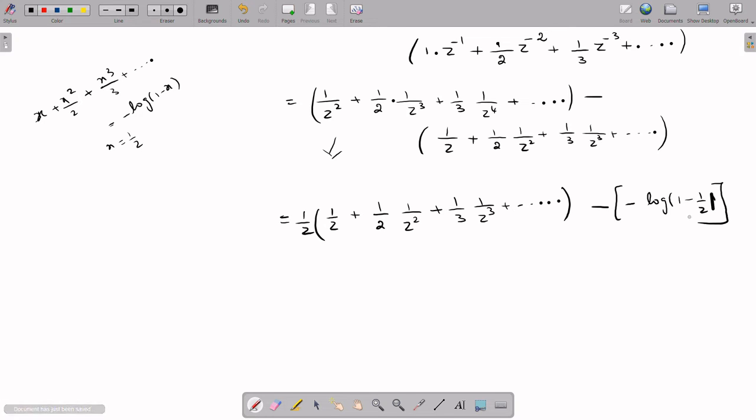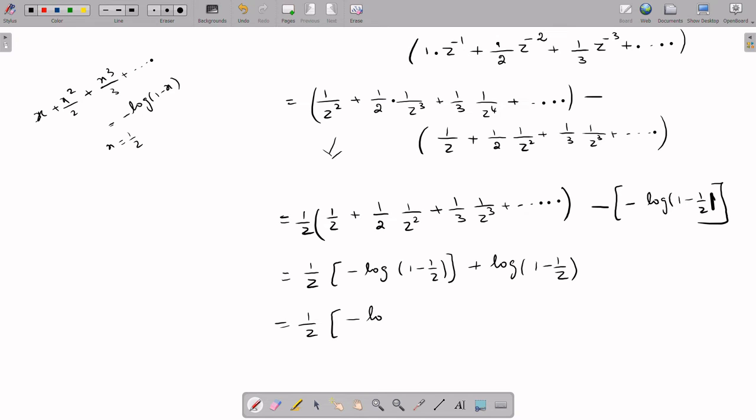This is the expansion for this. And for this term, 1 by z into, again you can write this to be minus log of 1 minus 1 by z. And this minus becomes plus log of 1 minus 1 by z. Or you can write this to be 1 by z into minus log of 1 minus 1 by z.